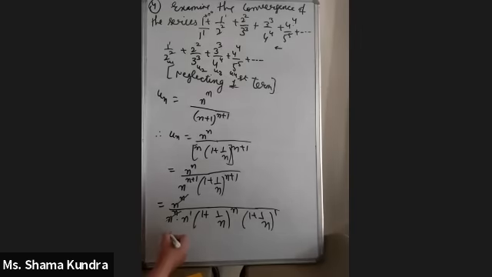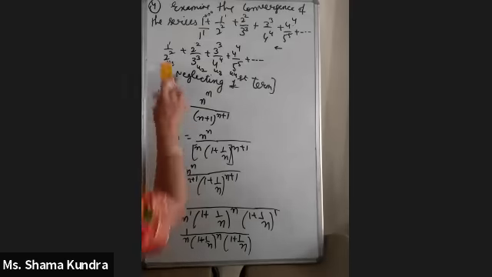What we will get now? 1 over n, 1 plus 1 by n raised to power n, 1 plus 1 by n. This is our nth term.